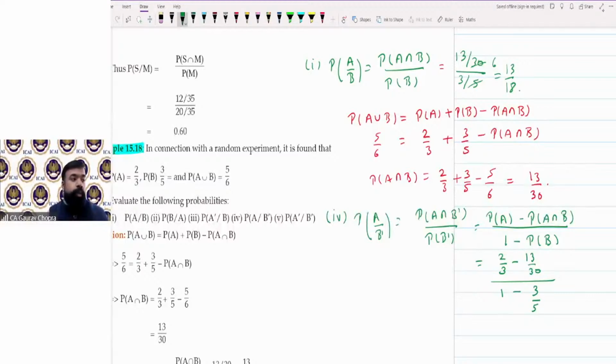So you can try now and give me the answer. Take the LCM on both the sides, numerator and denominator, and get the result.